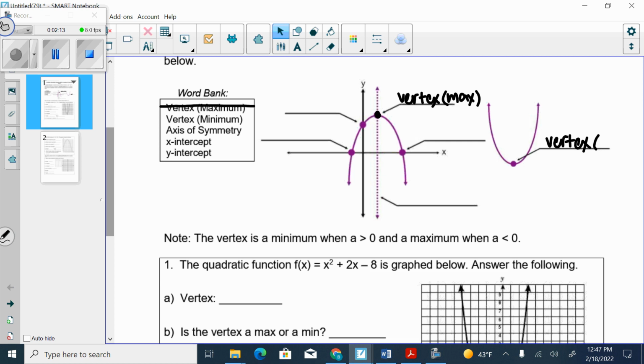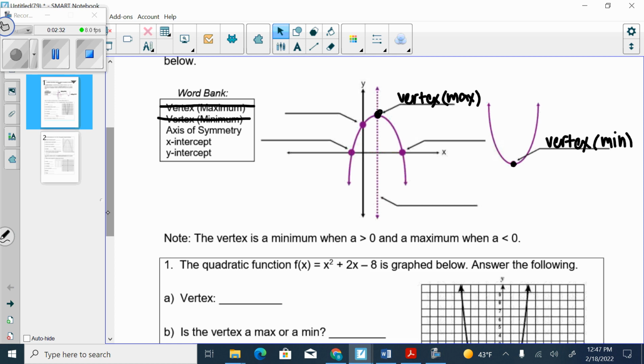So the way we determine if it's a maximum or a minimum depends on which way our graph is facing. If our vertex is up here at the top, it's a max. If it's down here at the bottom, it's a minimum. Okay? Our next term is axis of symmetry.